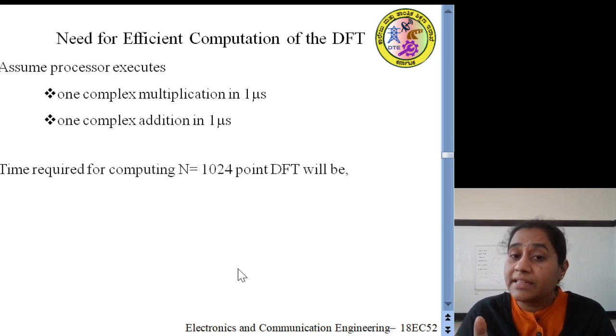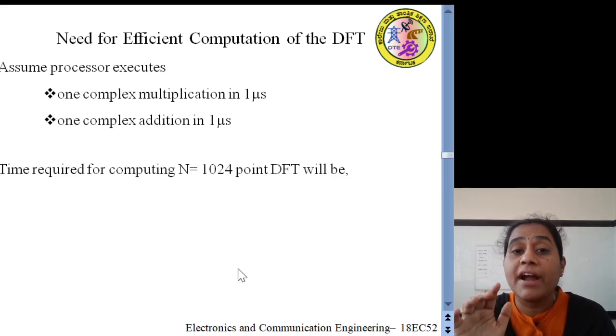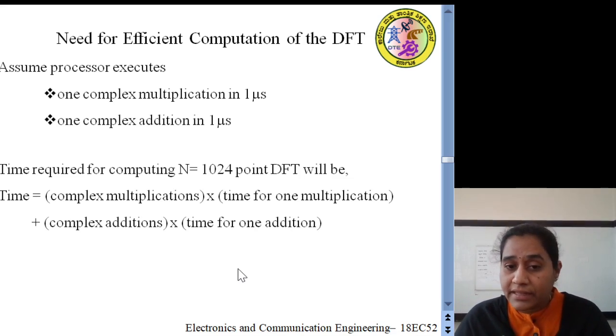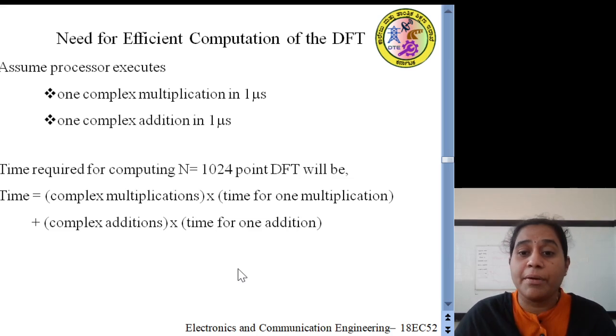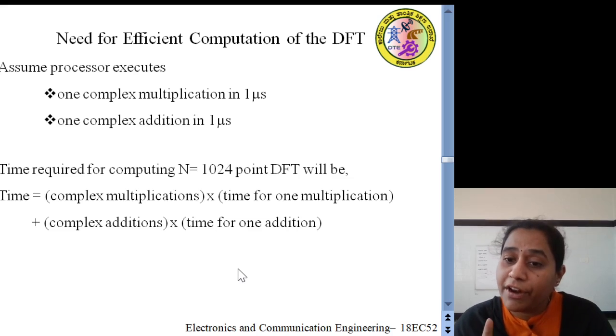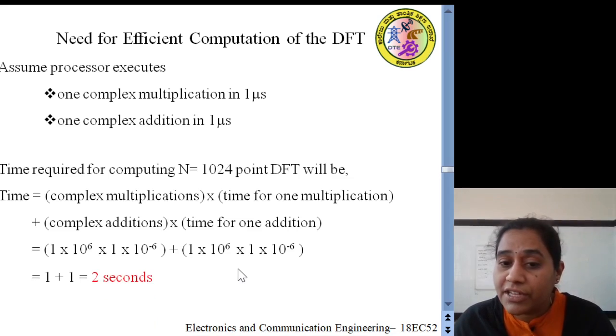If we consider the same N equal to 1024 point DFT, the time required for computing it will be: time is equal to total number of complex multiplications into time for one multiplication, plus total number of complex additions into time for one addition. If we substitute these values, it is equal to 1 million into 1 microsecond plus 1 million into 1 microsecond, that gives us 1 plus 1 seconds, that is equal to 2 seconds.